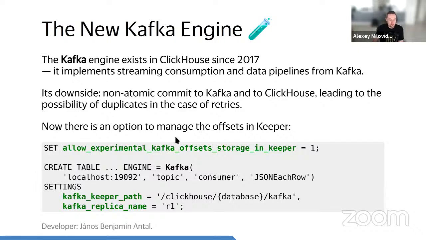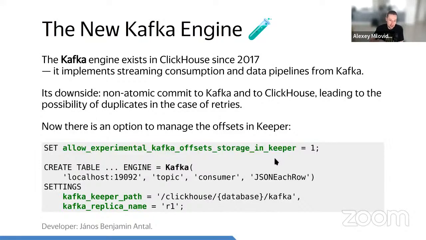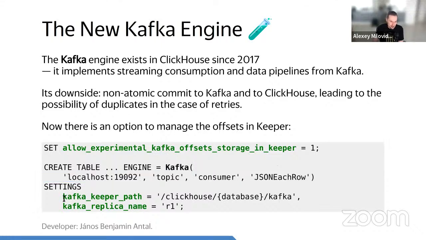So how to use it? First of all, enable, unlock this table engine because it is currently experimental. Then you create a Kafka table as usual, but with two additional settings. A path in the Keeper and the replica identifier.